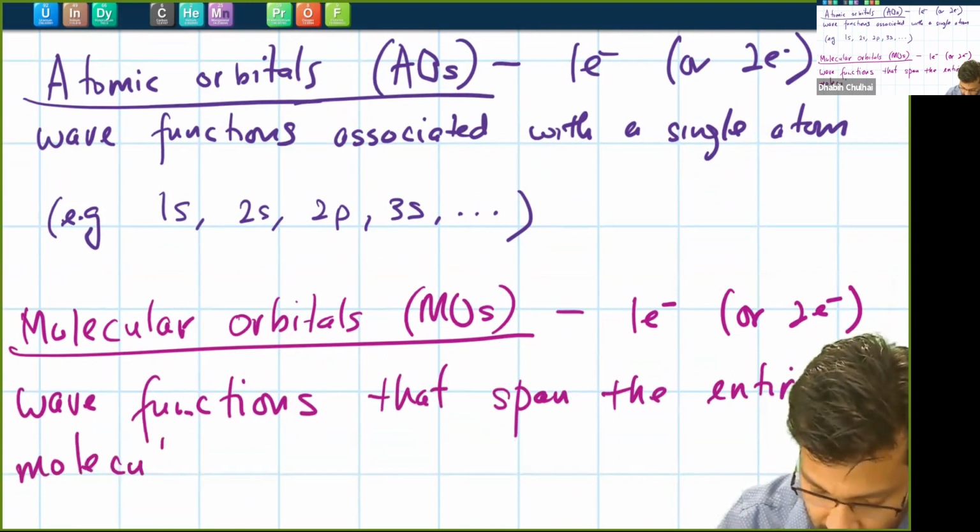Meaning they're just not associated with one atom or the other.